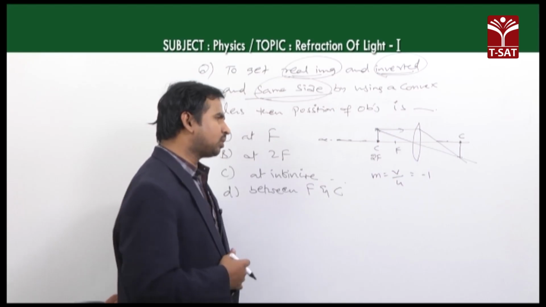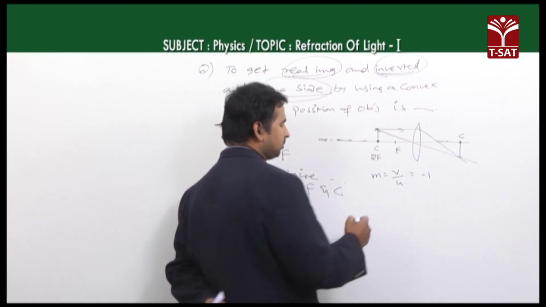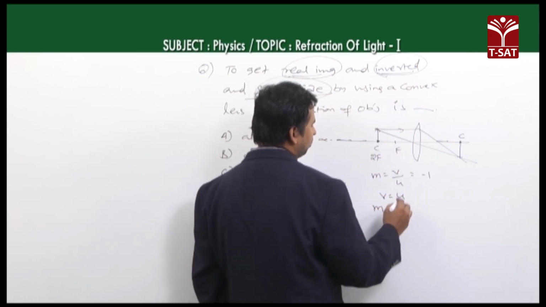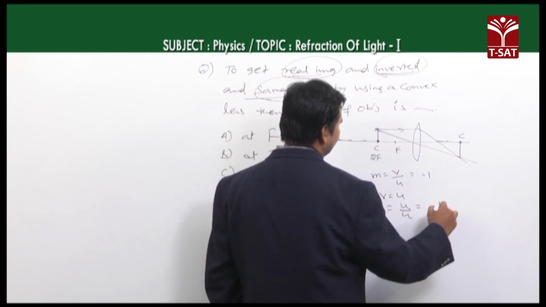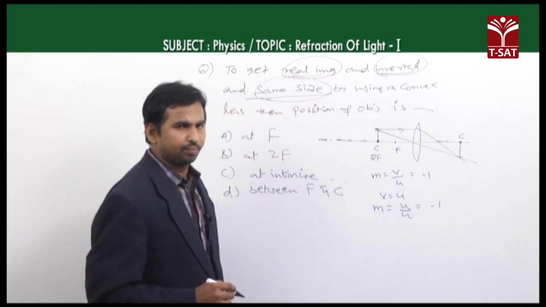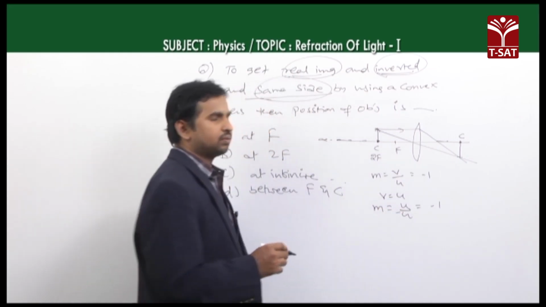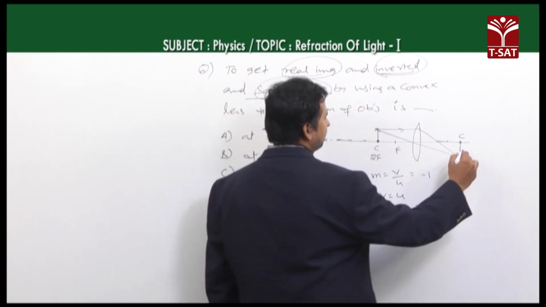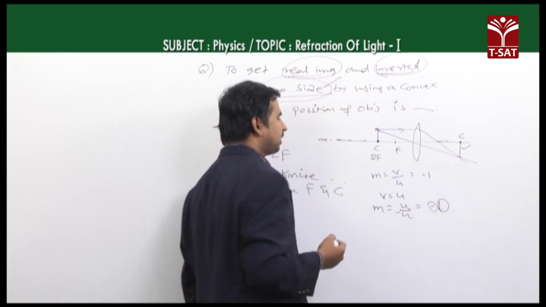So as m is equal to v by u, and v and u are both equal in this case, because both are formed at the center of curvature, then m is equal to u by u, which gives -1, because the object distance we have to take as negative. That's why you get -1, where the minus represents an inverted image and 1 represents the same size.